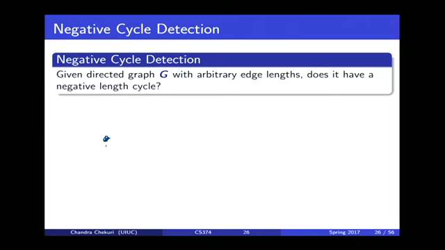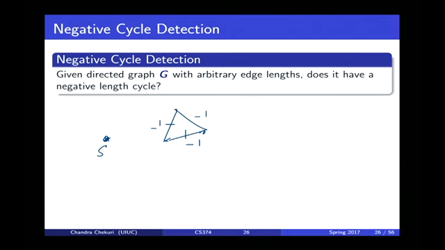Here is S. Here is a negative length cycle, -1, -1, -1. And S cannot reach this cycle because there's no edge from S to this. So if you ran Bellman-Ford from S, it won't detect that there is a negative length cycle in the graph, because nothing is reachable from S. Everybody will just stay infinity.